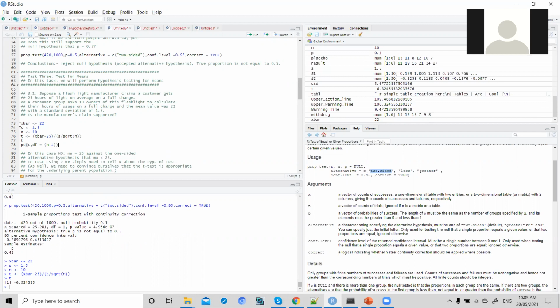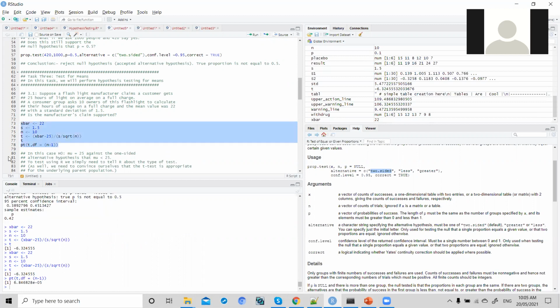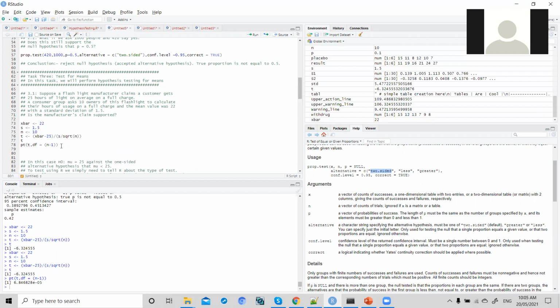if we compute this, your p value is e to the power of something, meaning 0.000000684, which is less than 0.05, right? So what would be your conclusion?